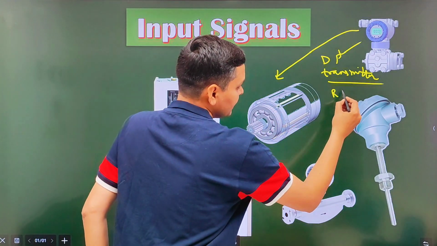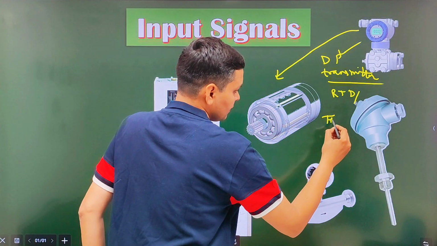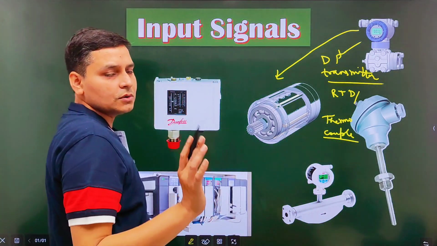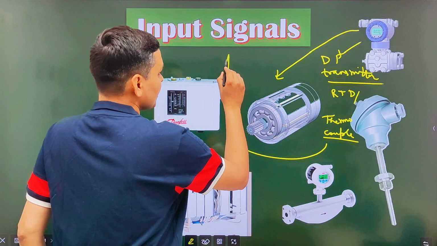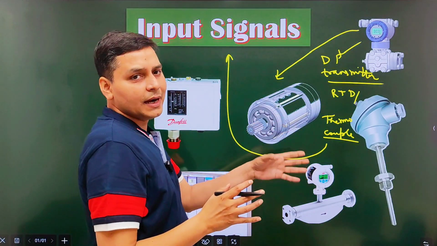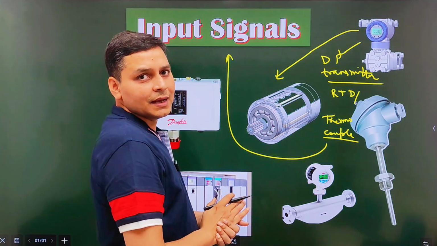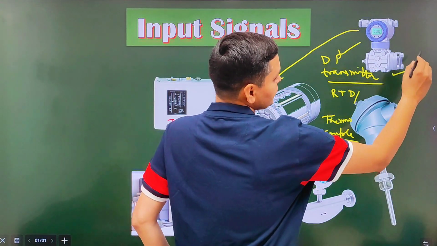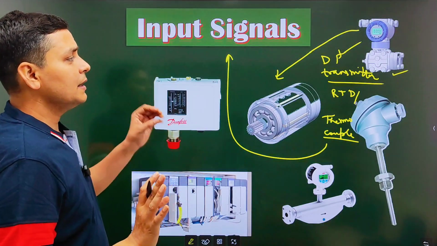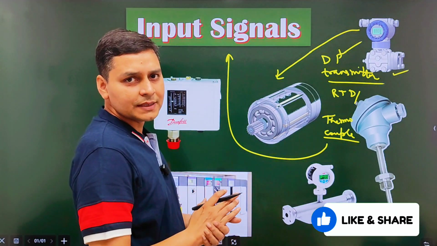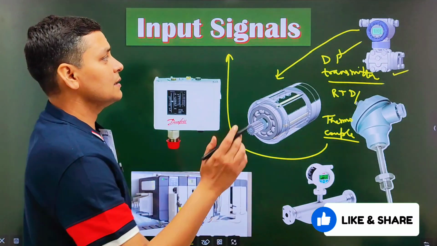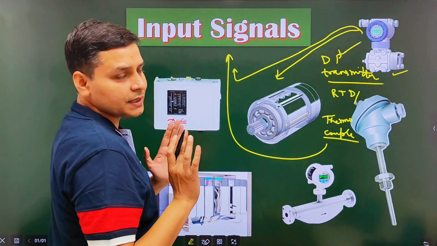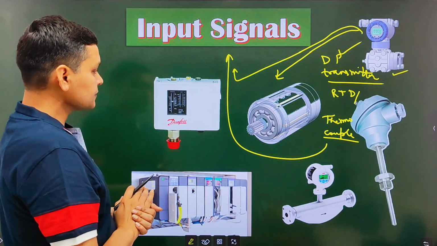If we are using an RTD or thermocouple, it is also a type of input signal, because we are inserting the RTD or thermocouple somewhere else and its signal is coming from that location. If we install a DP type transmitter for measuring level, flow or differential pressure, its signal will also come from its location. So it is also an input signal.